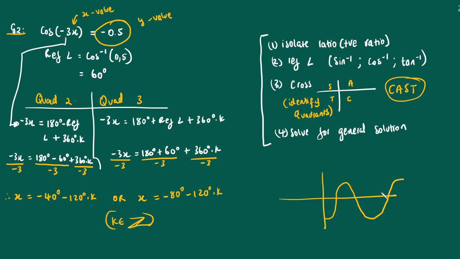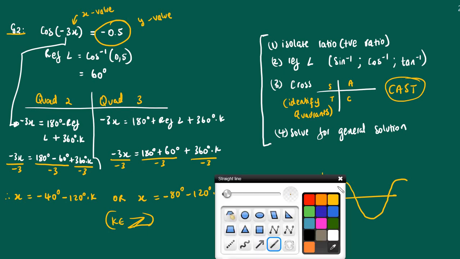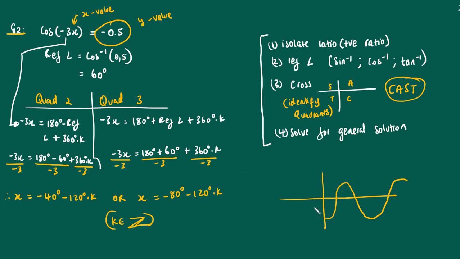So you have the graph of cos, right? And then you have a line, which is y equals negative 0,5. So you are looking at all the x values whereby this line is touching the graph.